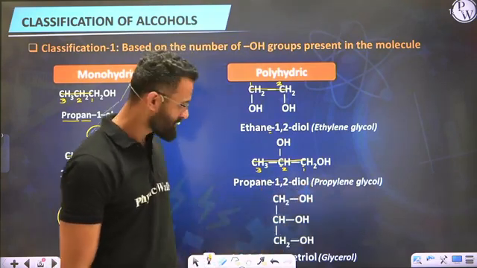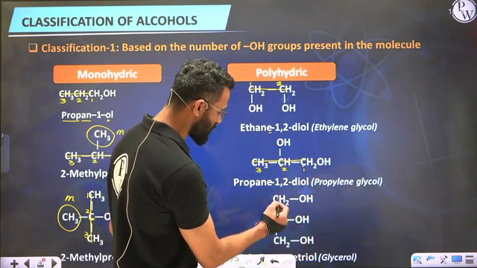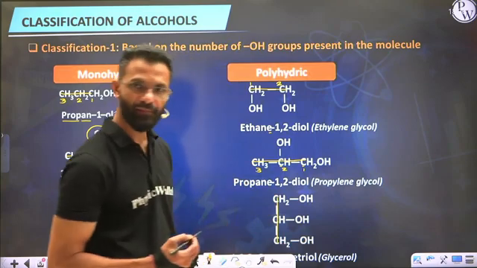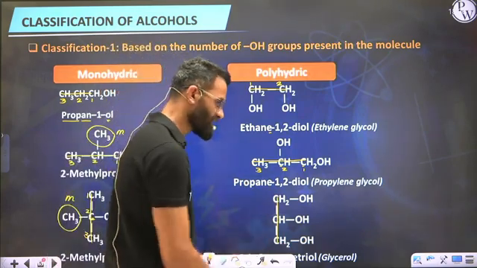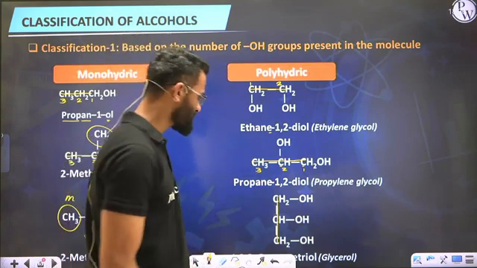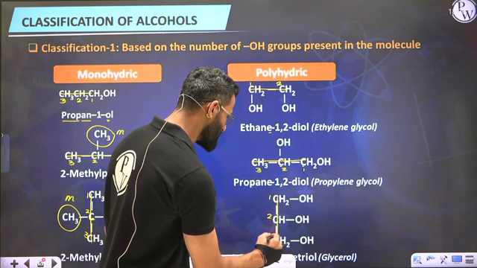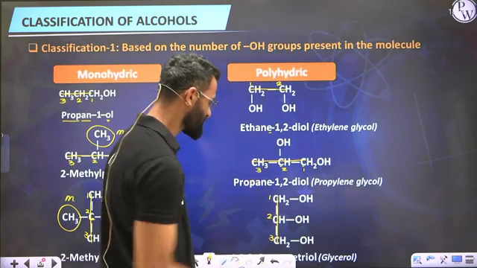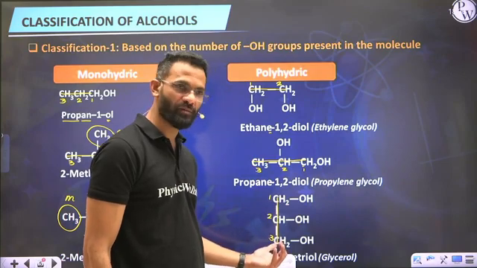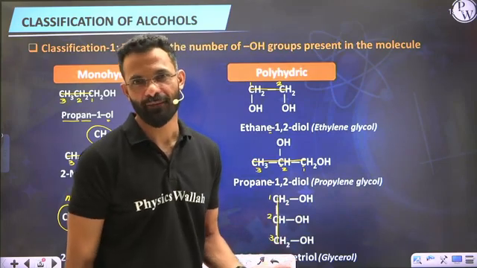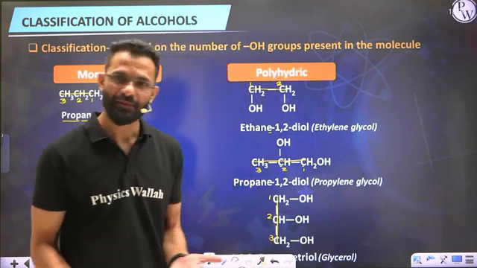Last example. 3 OHs, so trihydric alcohol. Select the longest continuous chain such that the carbons containing OHs are part of the longest chain. And now the numbering of carbon atoms is to be done in such a way that the carbon carrying OH receives the lowest possible number. Now any which way you do numbering, whether top to bottom or bottom to top, you're going to get the same numbering.